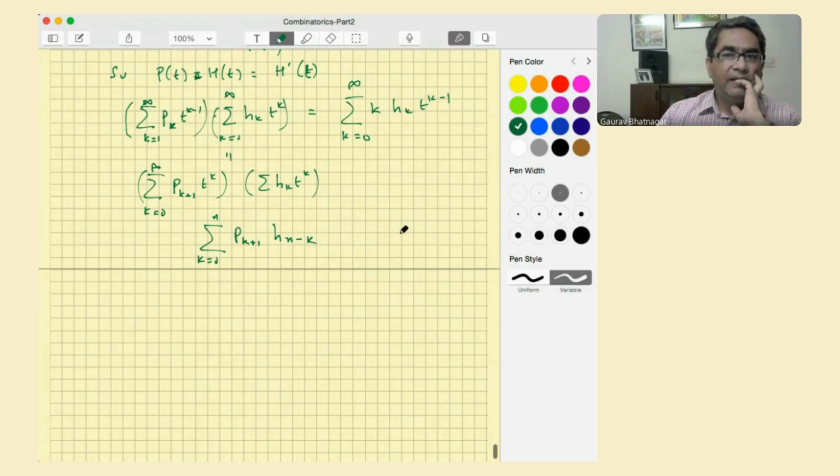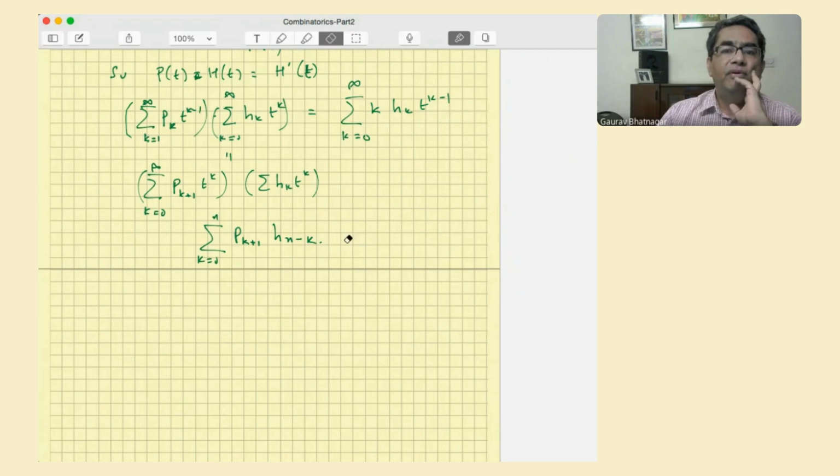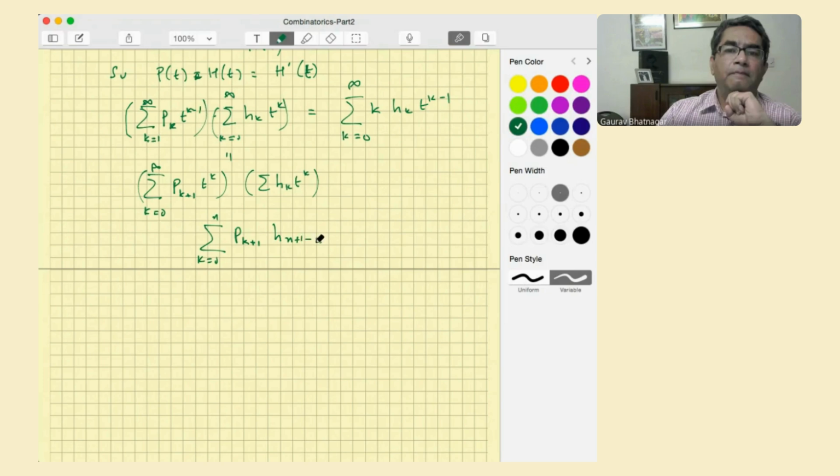Well, let's compare with the coefficients of n plus 1, is it? So we compare coefficients of t raised to n plus 1 on both sides.